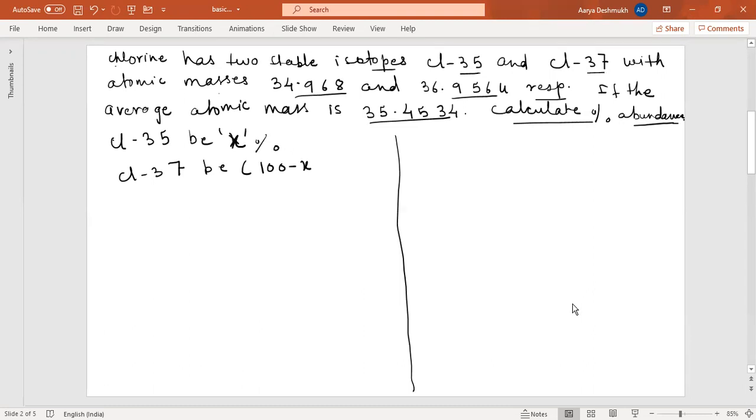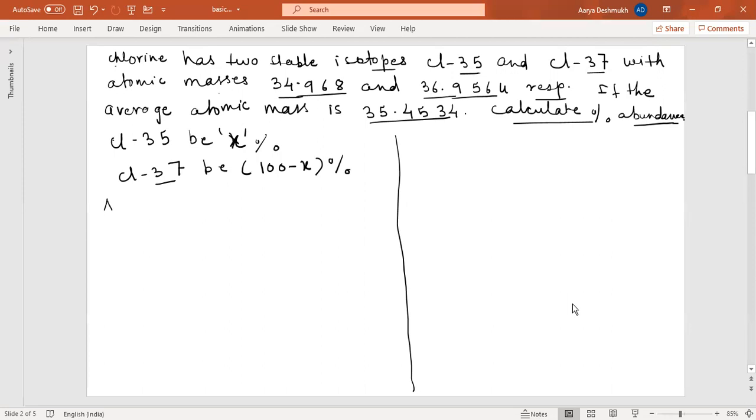Okay, so this is x and 100 minus x will be for Cl37, 100 minus x percent. Now we are supposed to calculate the value for this x. This can be done because we have this information with us, 34.968 and 36.956.